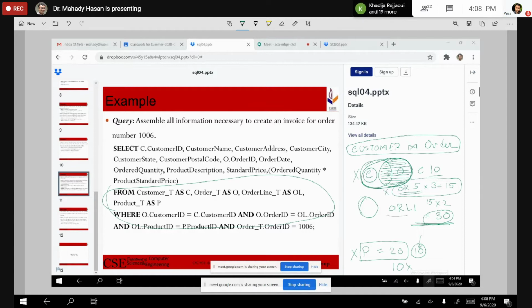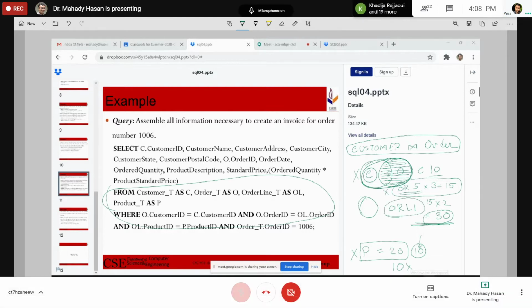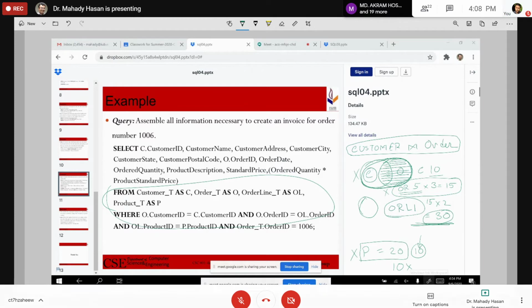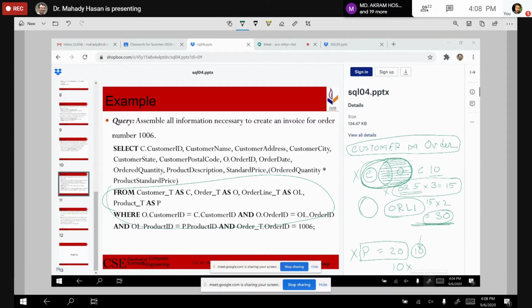So we are using N of order line. The table that contains more detailed data, that N should be used when we are joining multiple tables. Make sense?